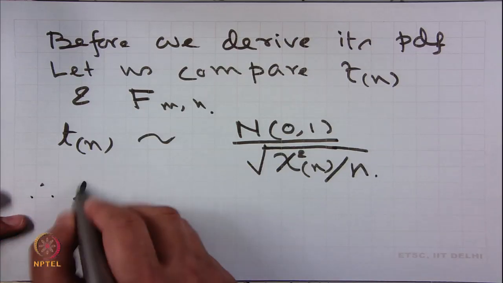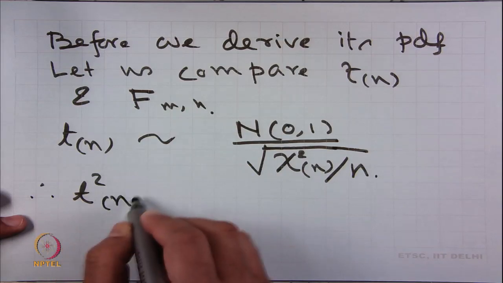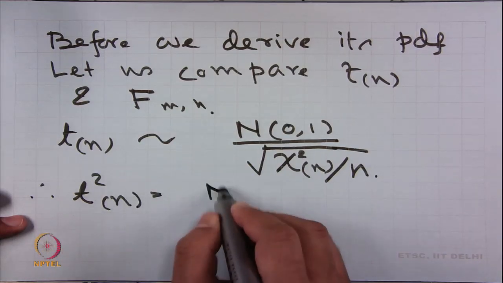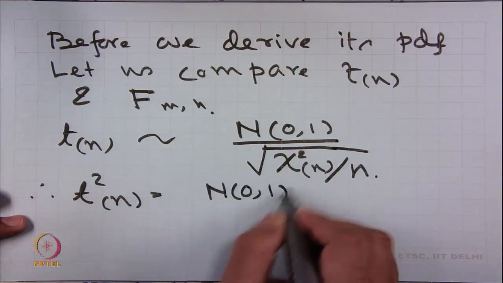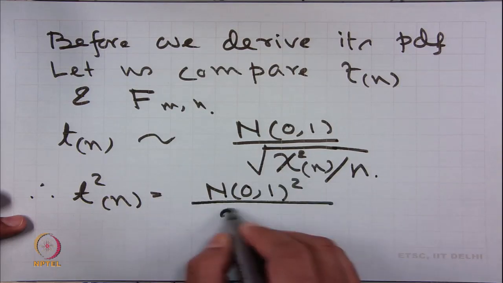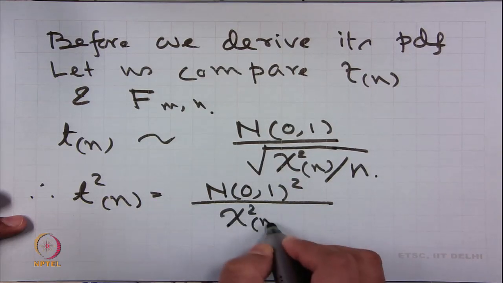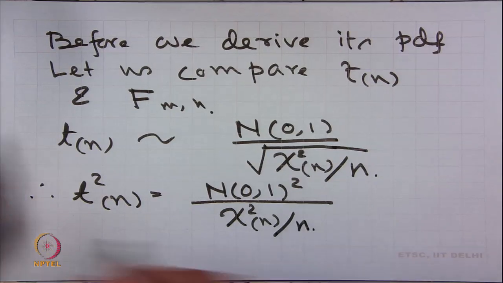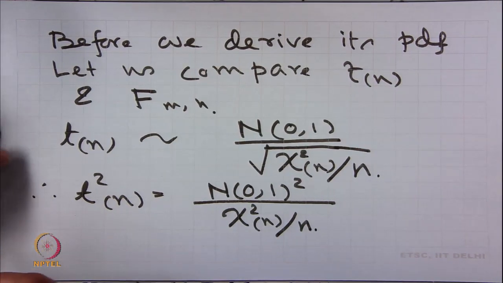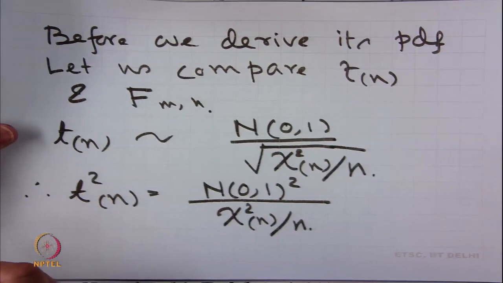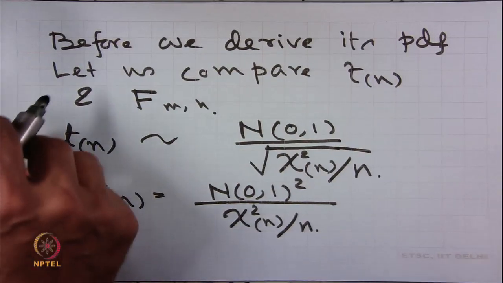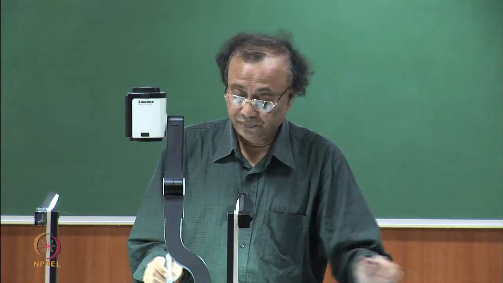Therefore, t square with n degrees of freedom is equal to normal 0 1 square divided by chi-square n by n. We have already seen that normal 0 1 square is basically chi-square with 1 degree of freedom.